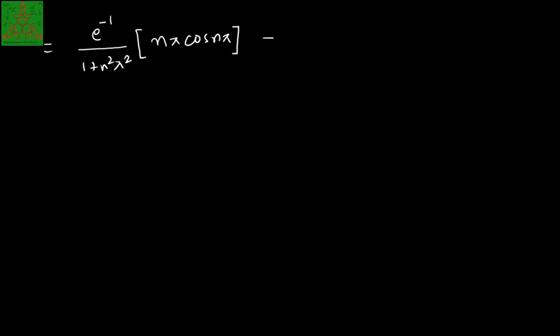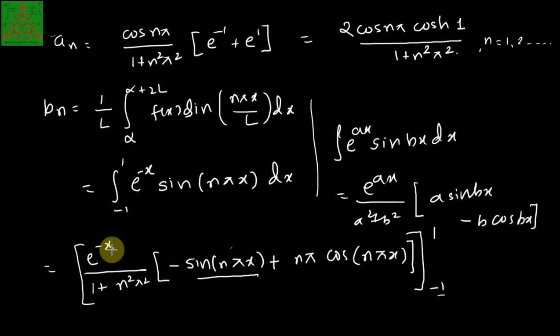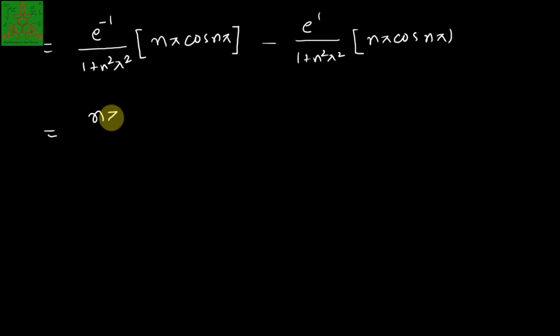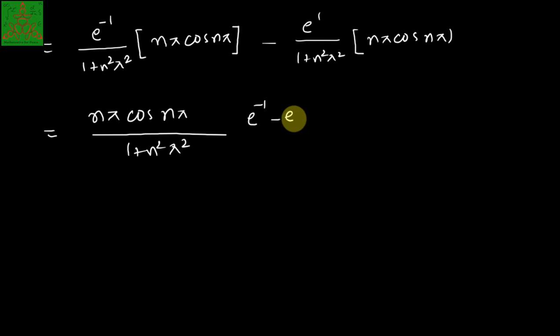Minus, when you substitute minus 1 here, this is e power 1 and this will become 0, and here cos is an even function, so that's why the minus will become plus, so we will be left with e power 1 upon 1 plus n square pi square times n pi cos n pi. Just common out these quantities, we have n pi cos n pi upon 1 plus n square pi square into e power minus 1 minus e power 1.